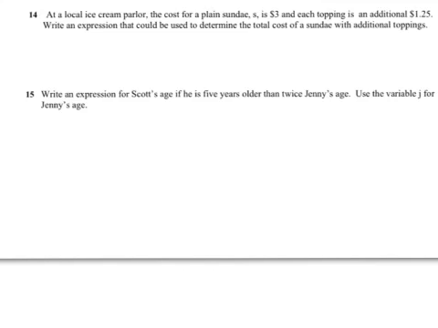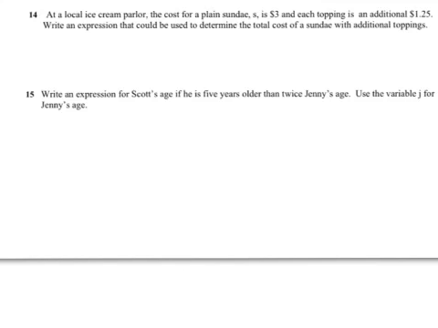Okay, at a local ice cream parlor, the cost for a plain sundae S is $3, and each topping is an additional $1.25. Write an expression that could be used to determine the total cost of a sundae with additional toppings. So first thing I notice is it says write an expression, so there is no equal sign, but we want to have an expression that represents the total cost. So in order to find the total cost, we need to take the price of the ice cream and the price of the toppings and write an expression using those two pieces.